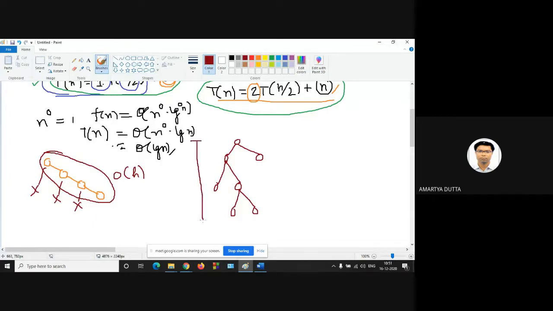What will be the value of h? Log of n. So h is order of log n. So the complexity for a binary tree is order of h, which is order of log n. Is it clear?